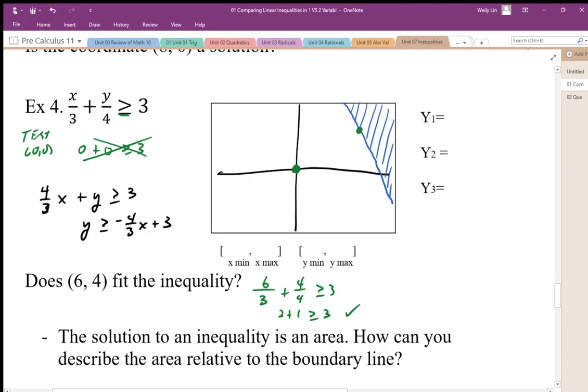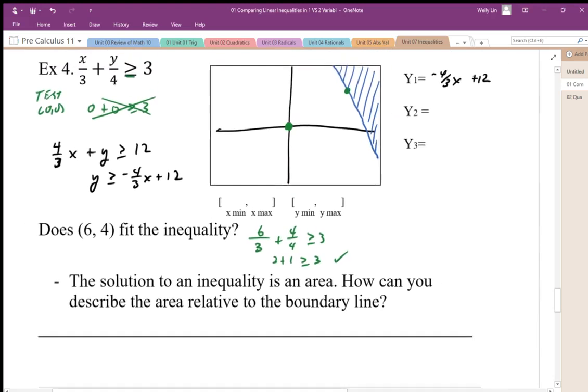Oh, sorry, that's not going to be plus 3, it's plus 12. So we end up with that linear equation, with a slope of negative 4 over 3. And we know that the y is bigger than the boundary line, so it should be above, and we can see that indeed we did shade above the graph.